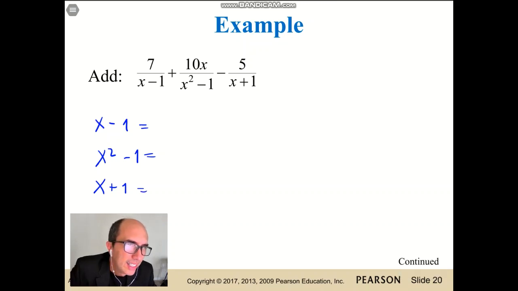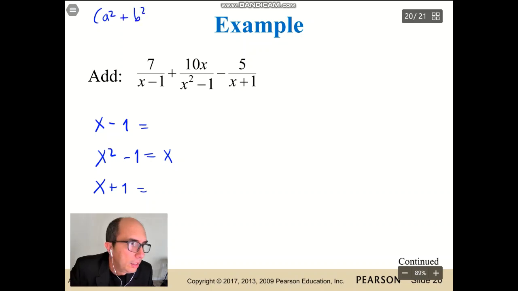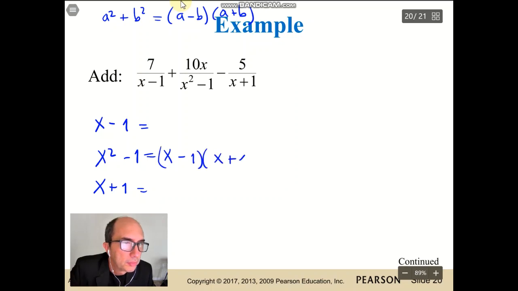And the second, we will apply that property, a squared minus b squared equals the special product, right? A minus b times a plus b. Let's apply this special product here. X minus 1 times x plus 1. And here is just x plus 1, and there is just x minus 1.